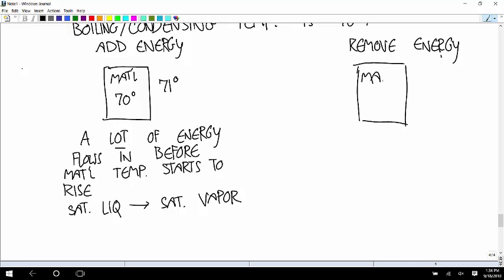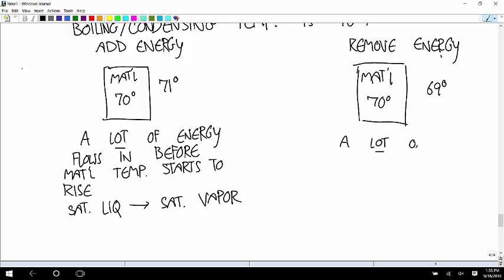So you have this material that's at 70 degrees. You have the surroundings at 69 degrees. You start with that material as a saturated vapor.